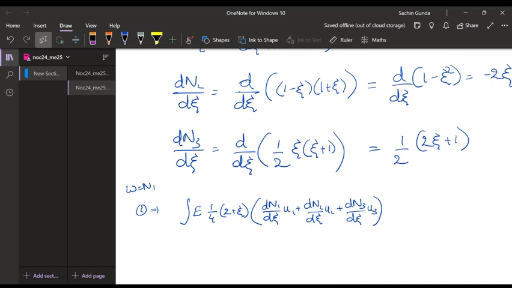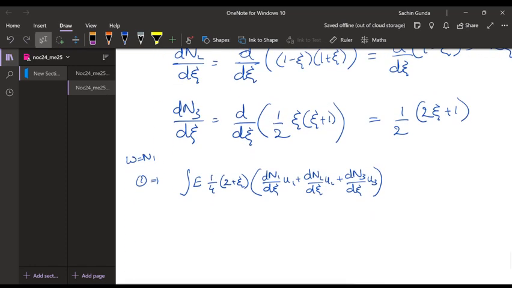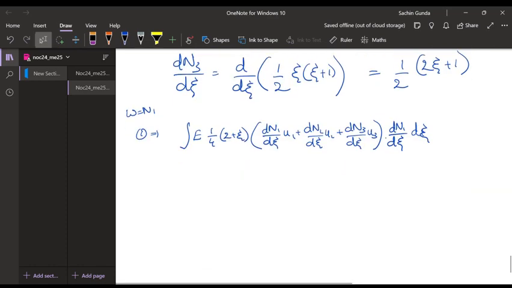Obviously there will be d zeta by dx, but it is 1 in this case. And then there is dw by d zeta, which is dN1 by d zeta, times d zeta, and the limits are from -1 to 1.